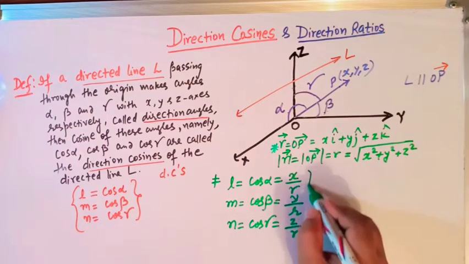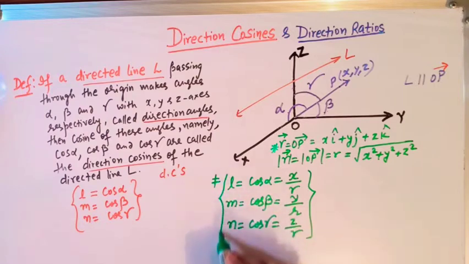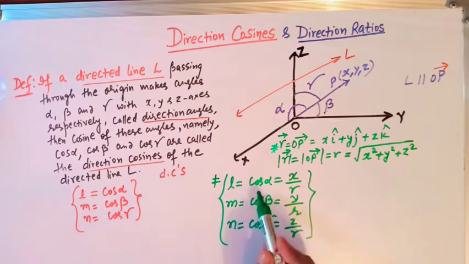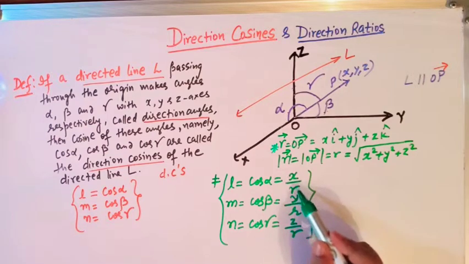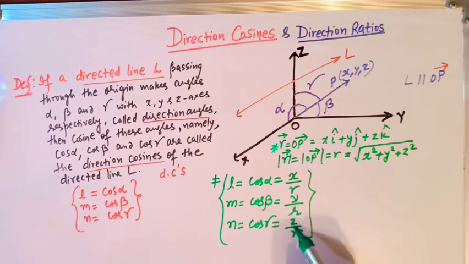Now always remember that l, m, n are direction cosines. l is equal to cos alpha, m is cos beta, n is cos gamma. Now the direction cosines can also be expressed as cos alpha is x over r, cos beta is y over r, and cos gamma is z over r, right?